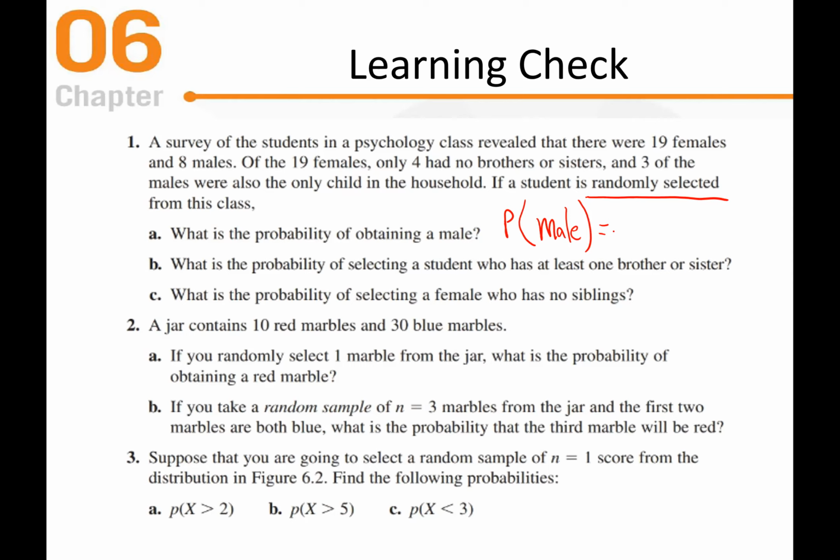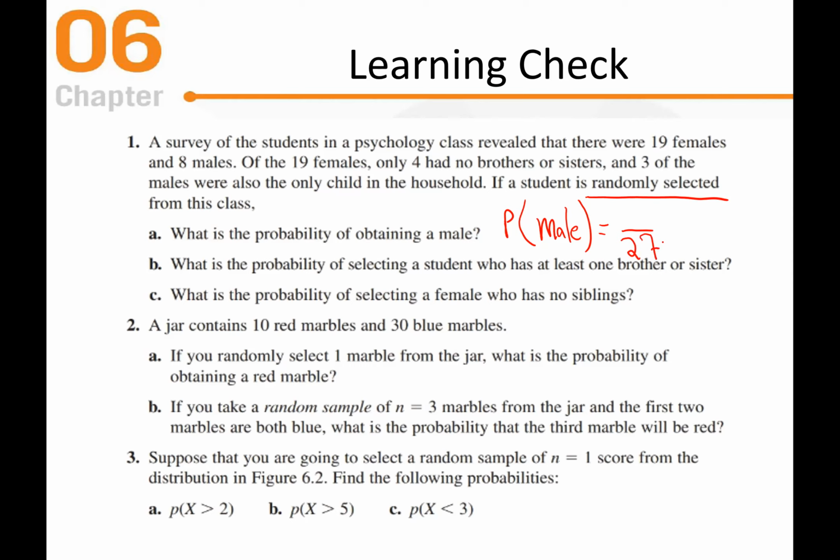The denominator is going to be the total number of possible outcomes. So how many total possible outcomes are there? Well, there are 19 females and 8 males, so 19 plus 8 gives us 27.